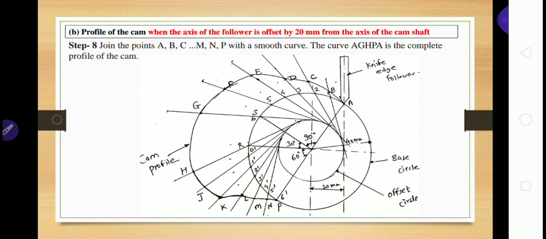If in the problem it is given that this cam is rotating in anti-clockwise direction, in that case we will plot all the angles towards this right hand side. But generally in the cam problem, this direction of rotation clockwise or anti-clockwise is not given. Therefore, we will assume this direction of rotation is clockwise, and we will plot all the angles towards left hand side from this OA line, isn't it?